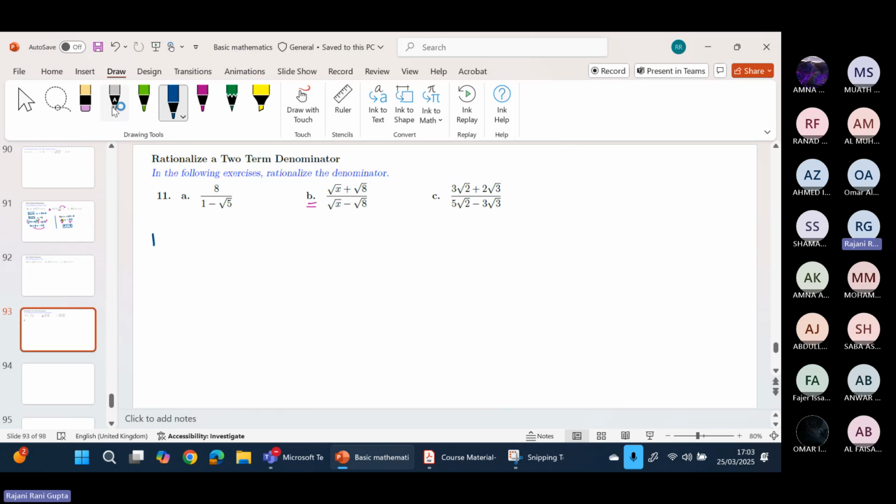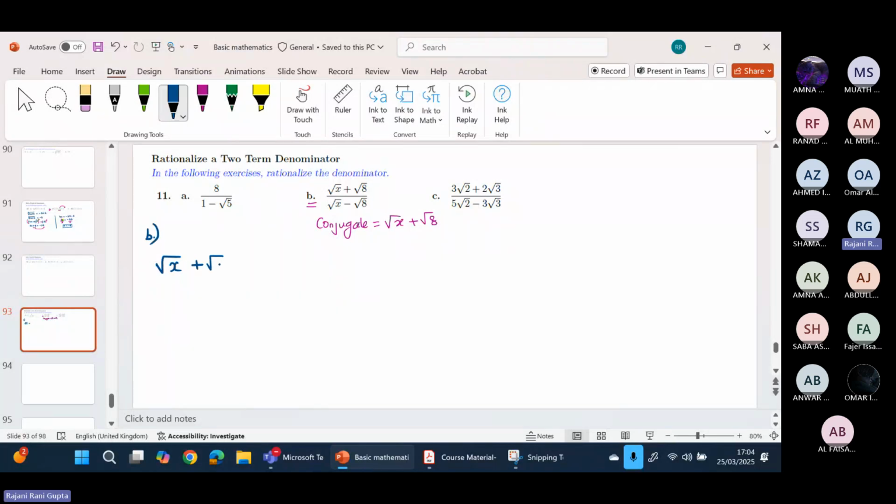So first thing that we have to do is find the conjugate. In conjugate, just change the sign of denominator. Root x plus root 8. Okay? Then write your question.